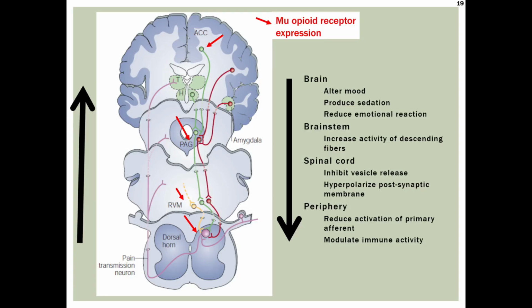This slide actually illustrates this a little bit better. So we have a pain signal coming in, and again we've got that ascending pathway going up to the brain. And then there's processing of the signal in the brain itself in various areas.